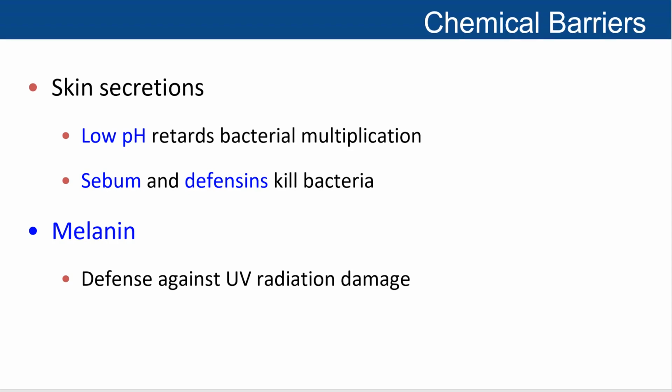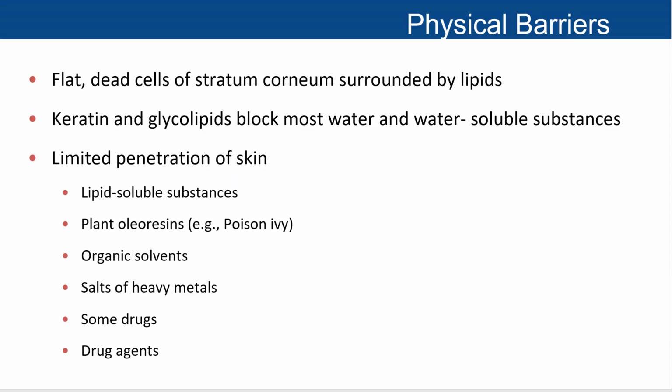Next, let's look at how skin can act as a physical barrier. Do you remember the stratum corneum is the outermost layer of the epidermis, which is largely responsible for the skin acting as a physical barrier to protect underlying tissue from infection, dehydration, chemicals, and mechanical stress.